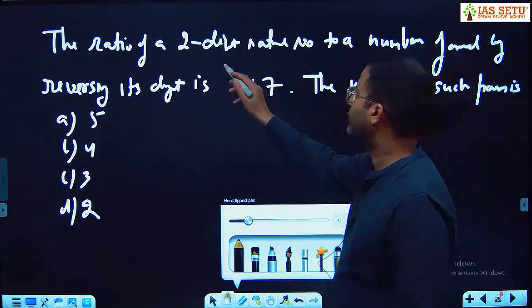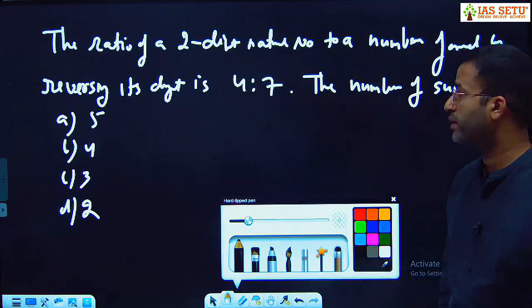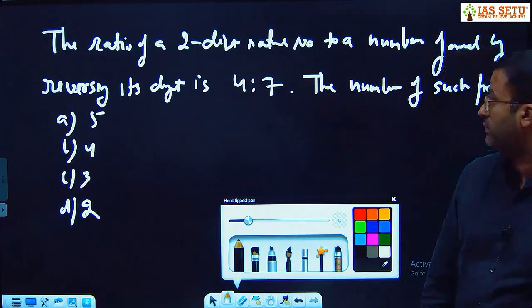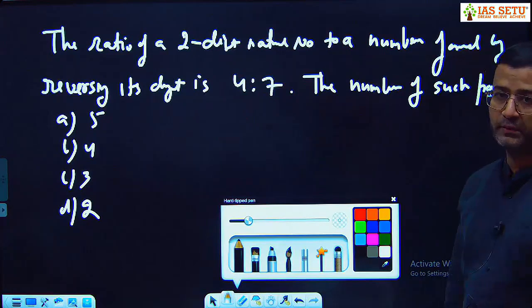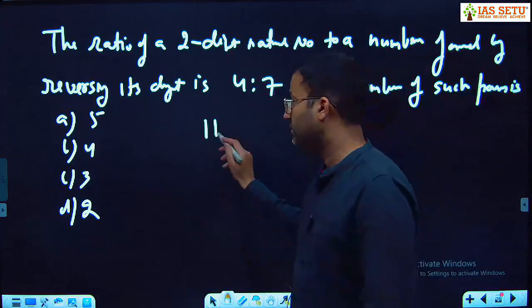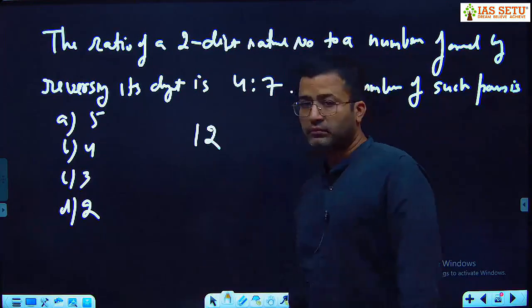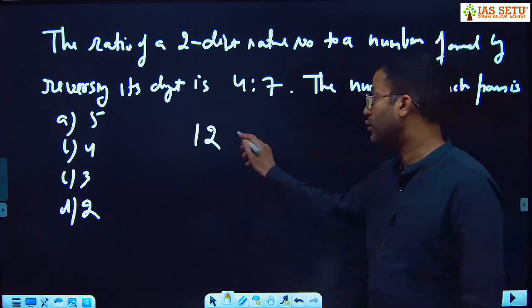The ratio of a 2-digit natural number to the number formed by reversing its digits is 4:7. The number of such pairs? What you have to do? Start with 11. If you reverse 11... 12. When you reverse 12, what do you get? 21.